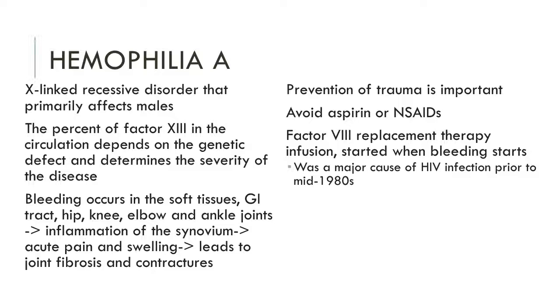Ryan White, who a lot of the legislation that protects people with HIV infection was named for, was a young boy who had hemophilia and developed HIV infection because of his use of the factor VIII.